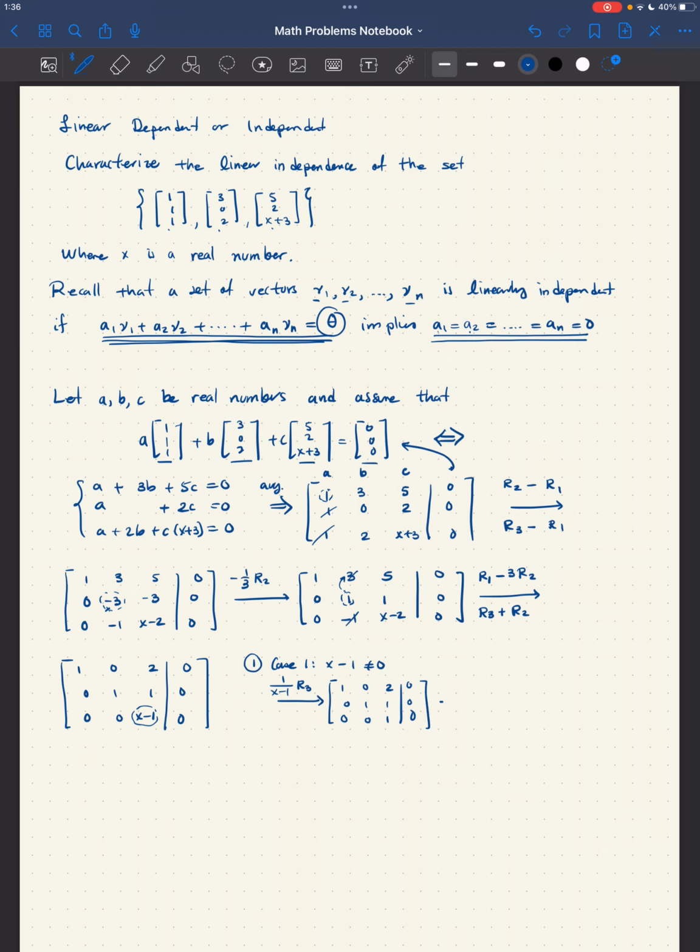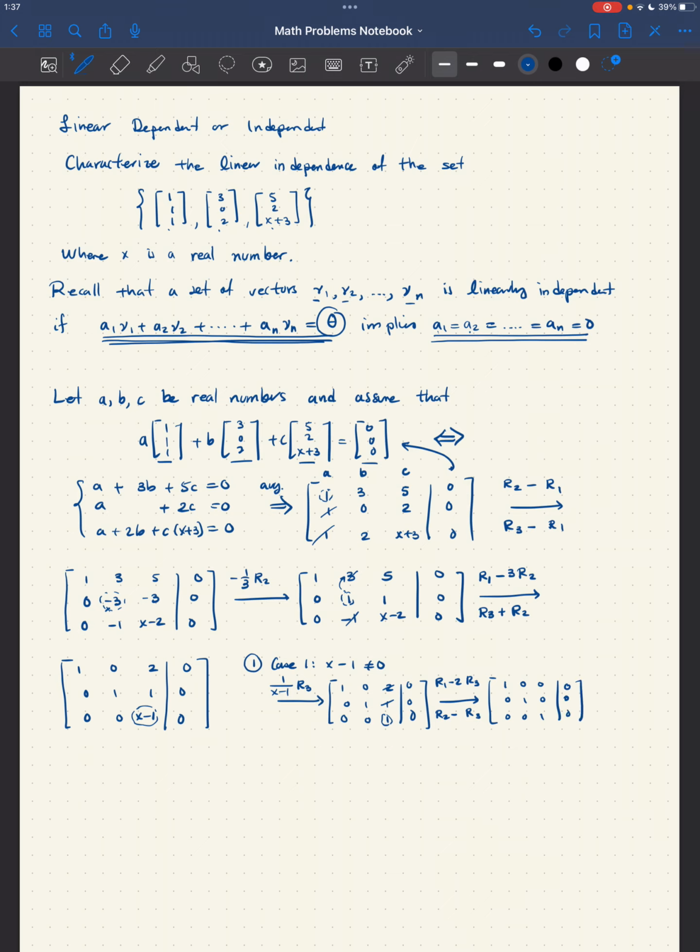What is that telling us? That now I can use this as my pivot and get rid of these ones. To row 1, subtract twice row 3, and to row 2, subtract just one time row 3. The resulting matrix looks like this: 1, 0, 0, 0, 1, 0, 0, 0, 1, and then 0, 0, 0.